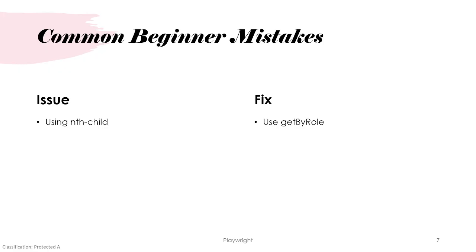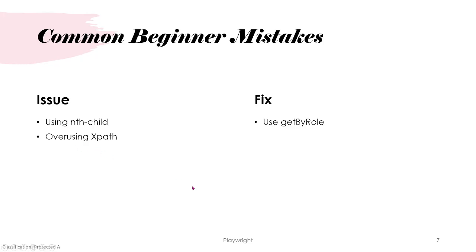So generally, if you have many elements with the same name, it returns an error that it cannot find a referent object. So this is the fix. Use get by role. If you get by role button, the element is a button, so get the button.